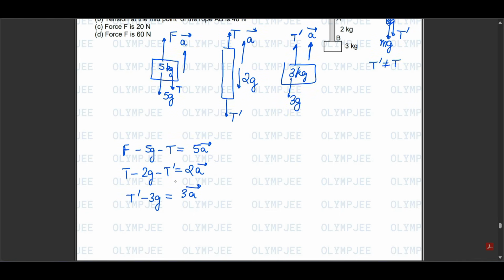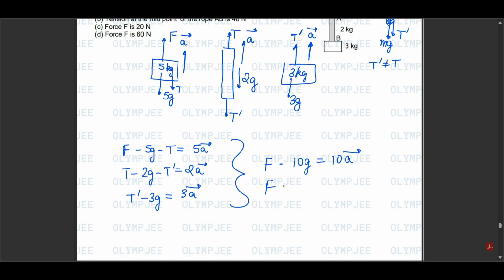Now if we add these three equations, the T will get cancelled, and T dash will get cancelled, and we'll finally be left with F minus 10g is equal to 10a.